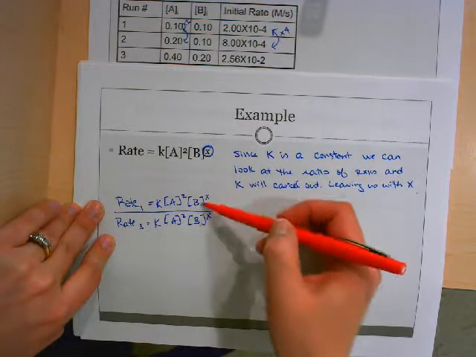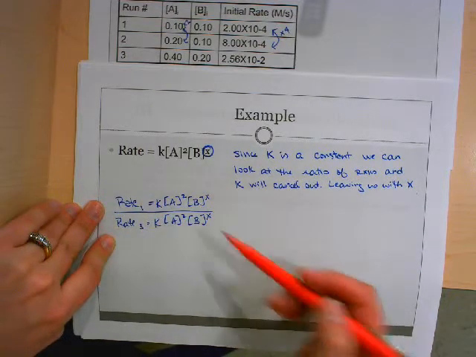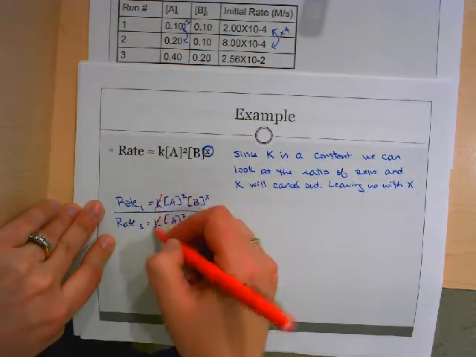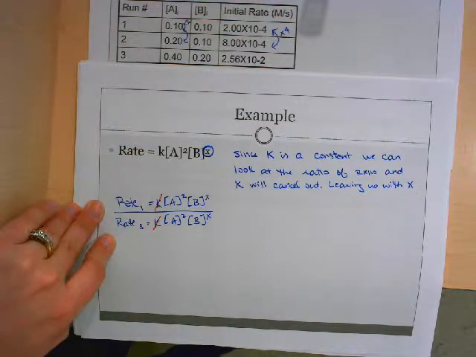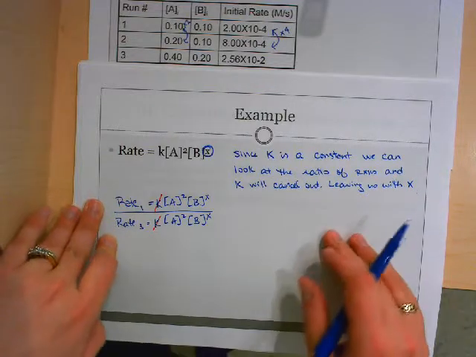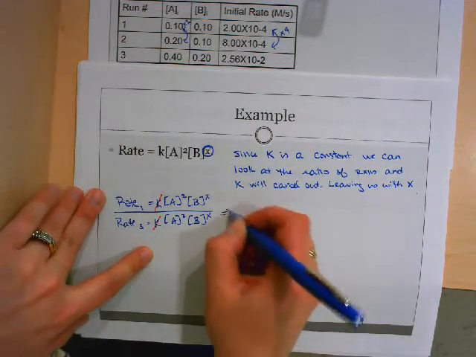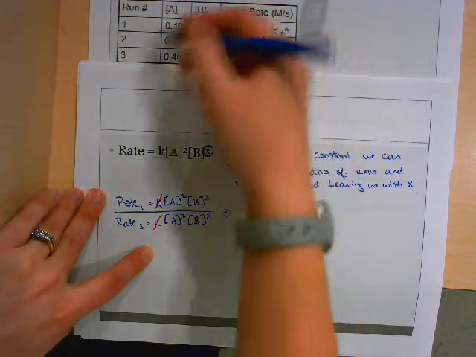Looking at these two, concentrations are going to be different and the rates are different for 1 versus 3. But K is a constant, so it doesn't matter what K is. K is gone. So let's plug in the actual numbers from our table.